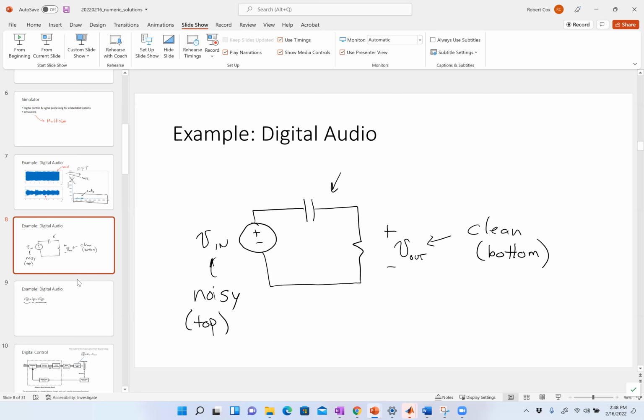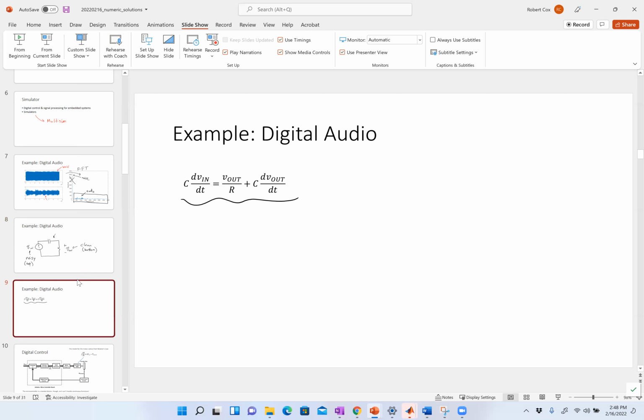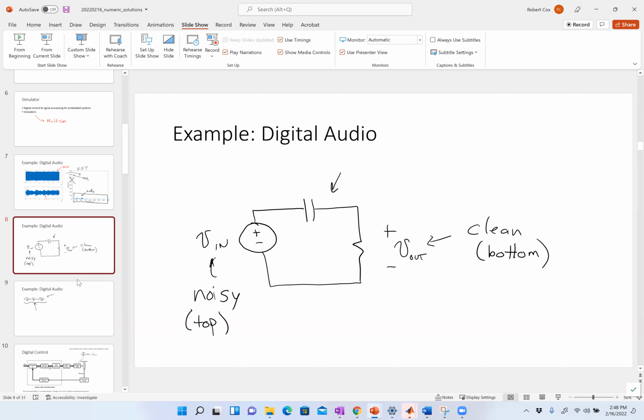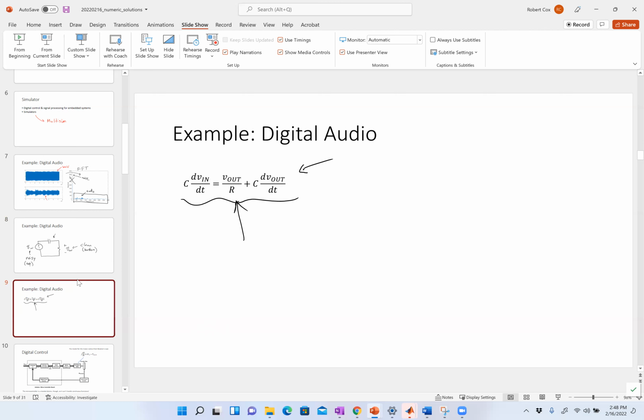Your phone is effectively doing something like this, but is it dealing with derivatives? Am I solving for V out? How does your phone deal with that? Your phone has that circuit implemented digitally. In other words, there's code that does that circuit. Would it begin with this? No. Why not?